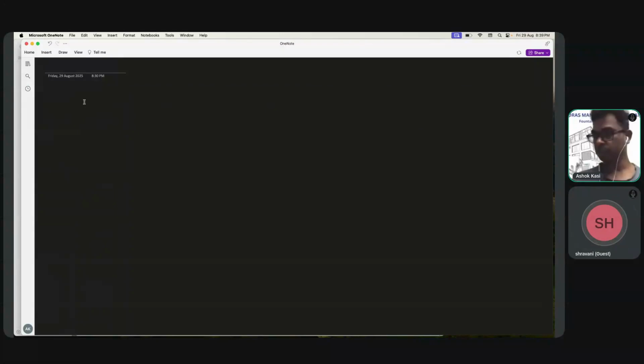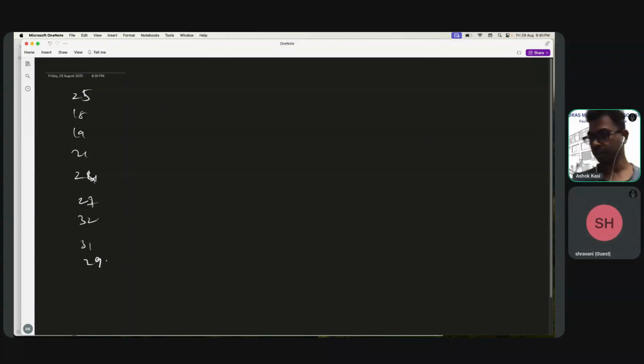Say, for example, you have been given data, imagine numbers like this: 25, 18, 19, 21, 24, 27, 32, 31, 29. These are the data given to you, limited data. With this you can create many more data.